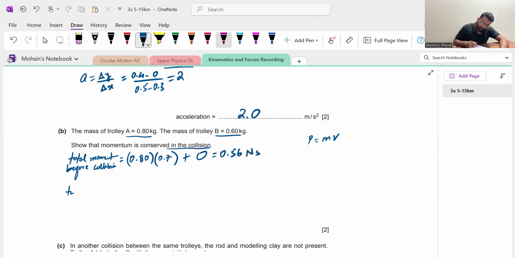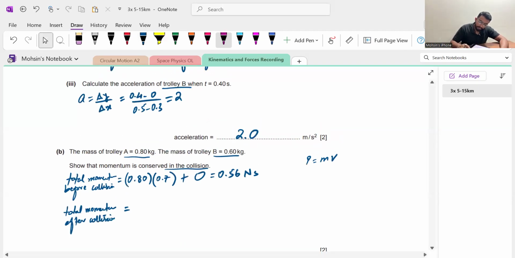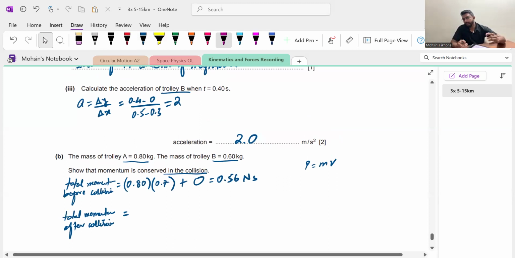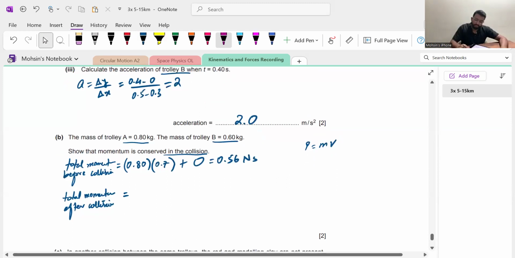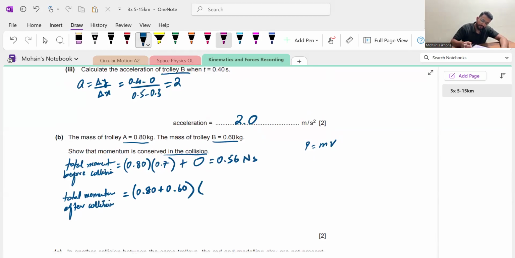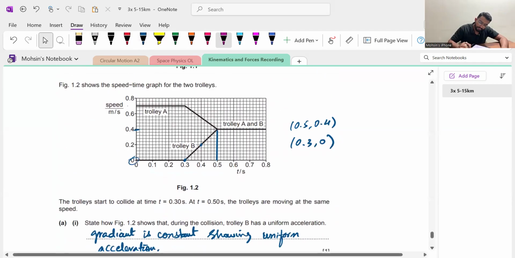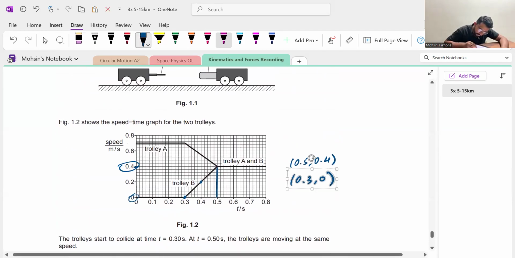Now total momentum after collision. Because they stick together and move with a common velocity, we take the combined mass, 0.80 plus 0.60, and their combined velocity, which is 0.4.